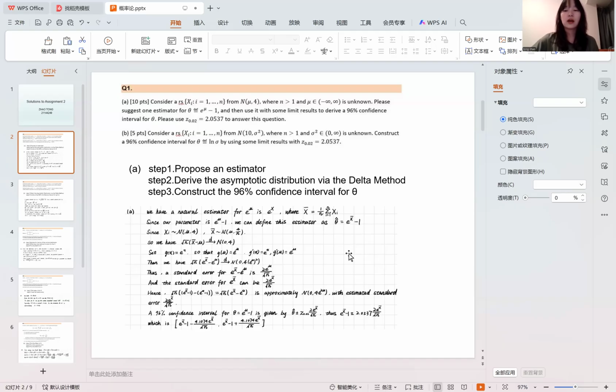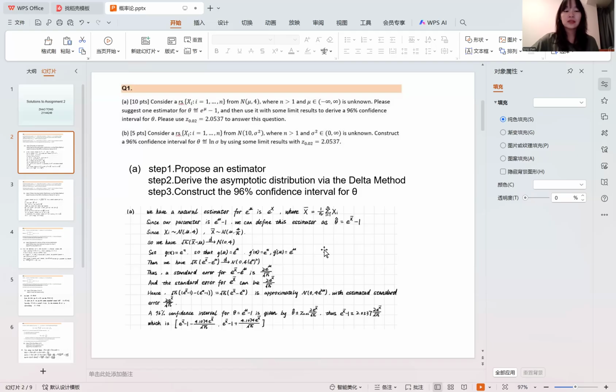Note that because x follows a normal distribution, the sample mean x bar follows a normal distribution as well. Since we are interested in theta, we apply the delta method with the transformation function g(mu) equal to e^mu minus 1, and its derivative is like this.